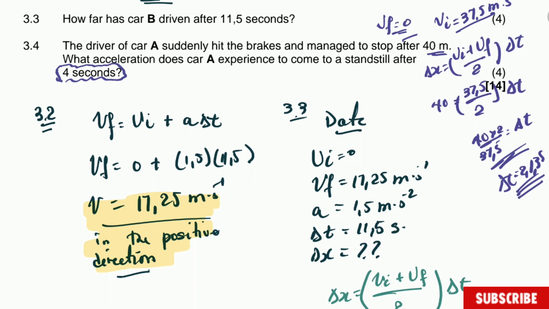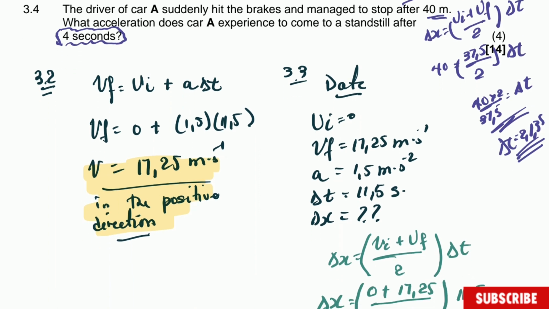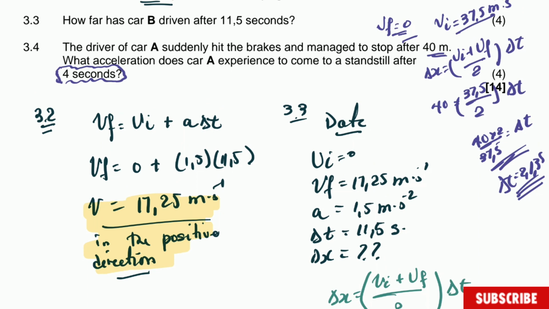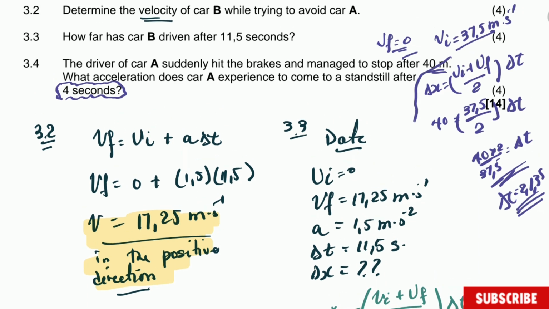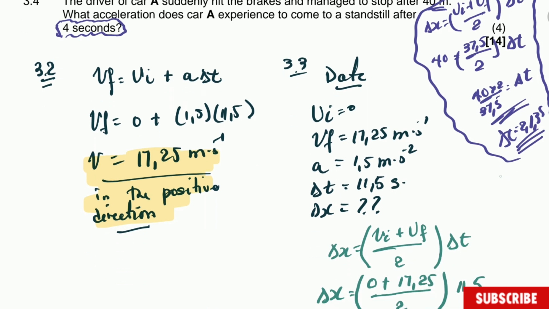Now, in other ways, let's do something else. Let's see how far it would stop if it took 4 seconds. How far will it stop from the moment it puts the brakes? This calculation is to see that there is a little bit something not looking nice here, which means there is a mistake with either number. So let's calculate quickly the displacement. If the time was 4 seconds, we're going to use exactly the same formula.